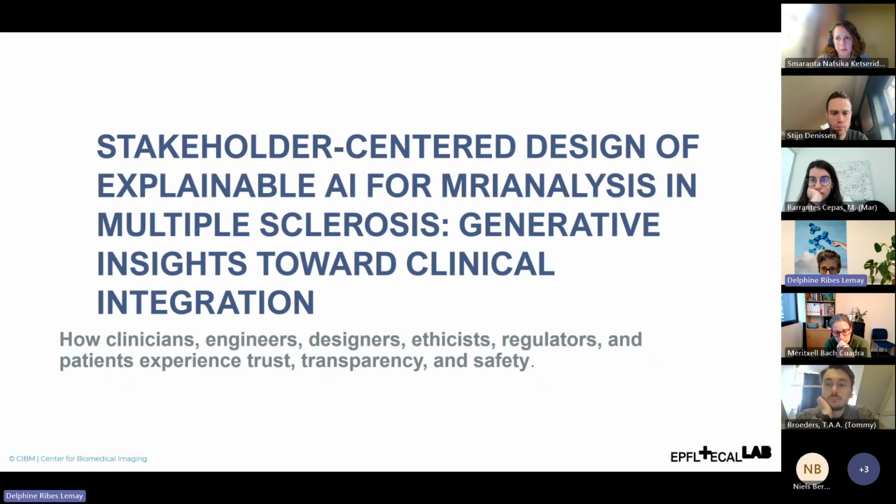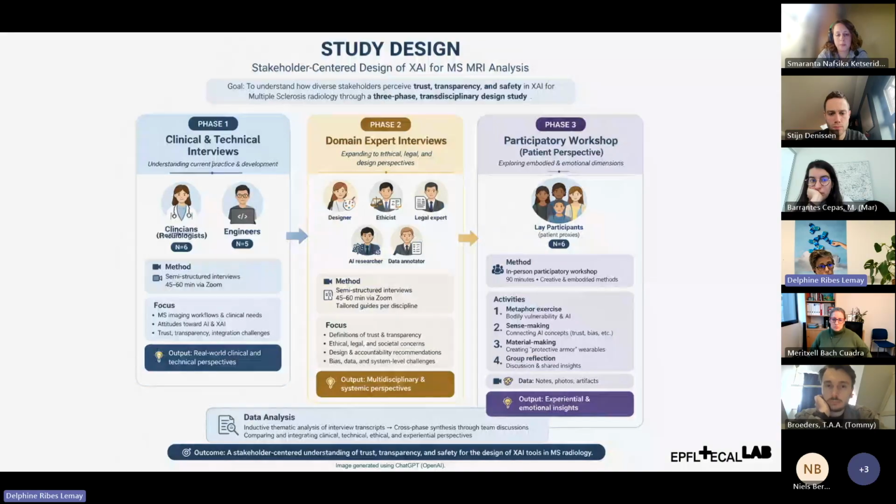And for this, specifically in the context of Mary's work, we did it in three phases. This is really the study design, as we call it. We started with people who are directly linked to the project, the researchers and the clinicians.